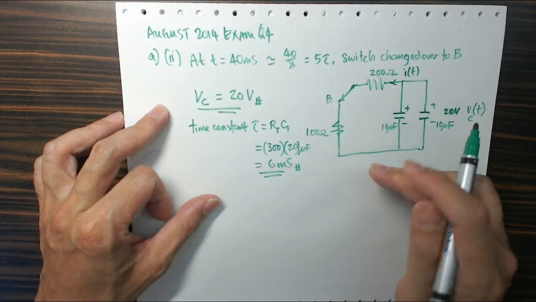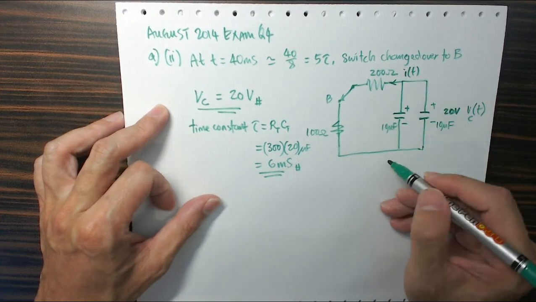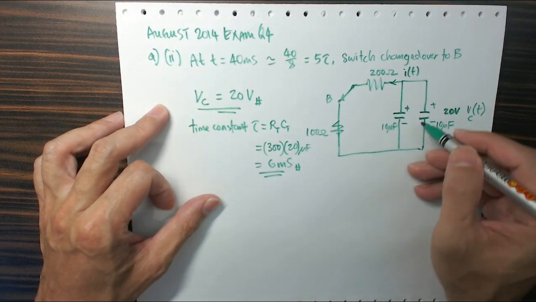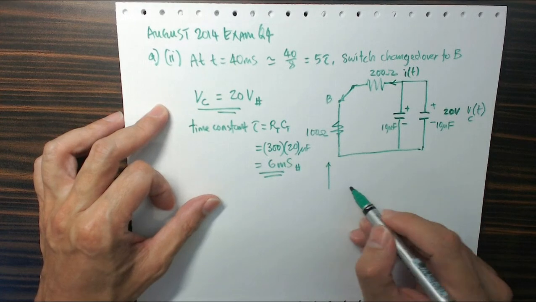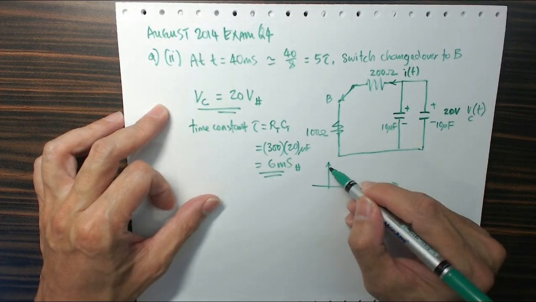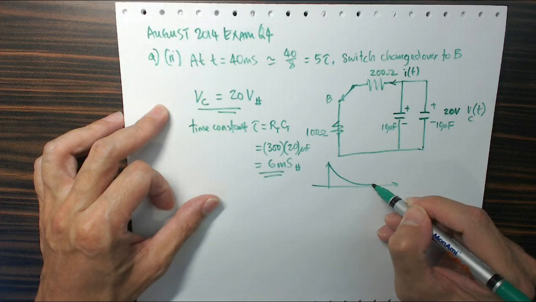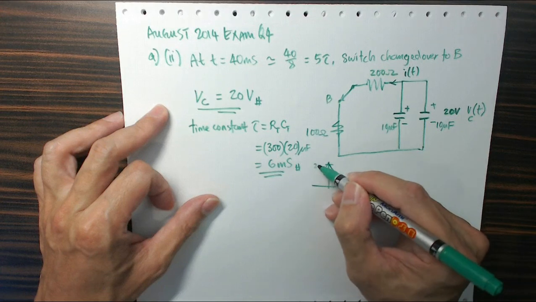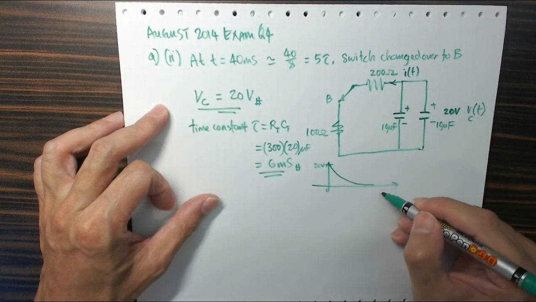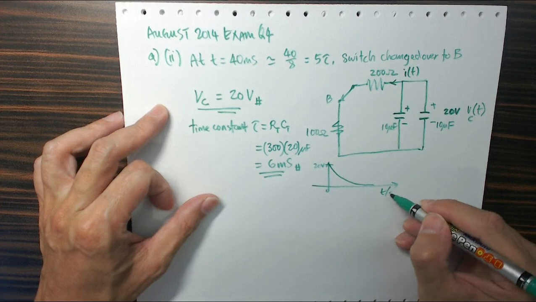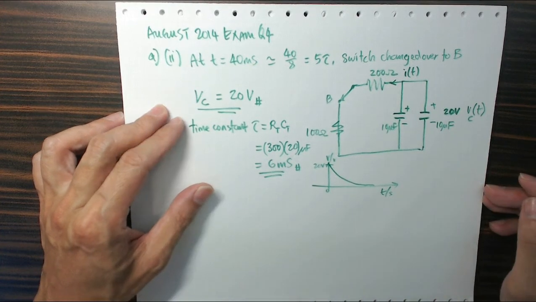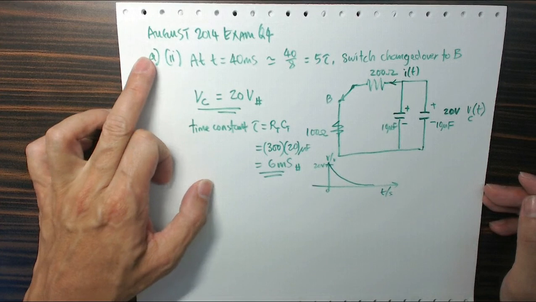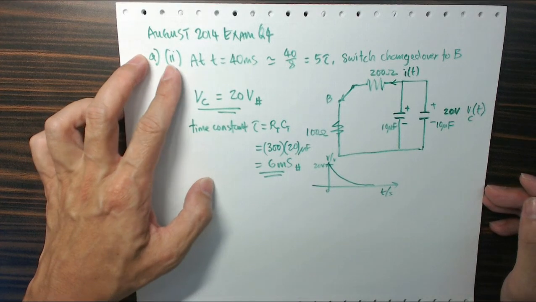This is the new time constant for the discharging circuit. Although this question never asked for it, the discharging curve will look something like this, where originally it is 20 volts, and here is time t. So that's the answer for part A, subsection 2.